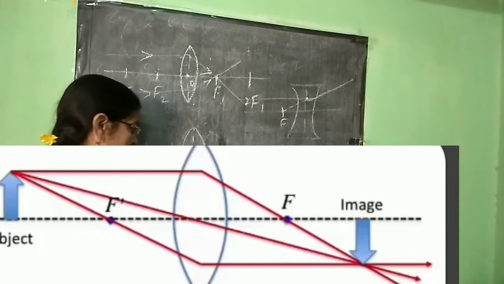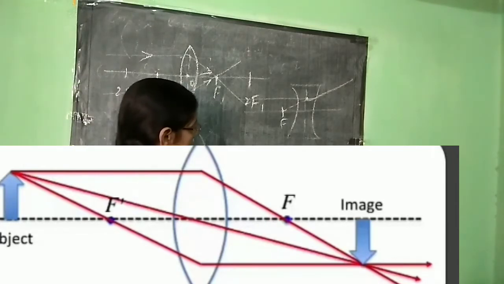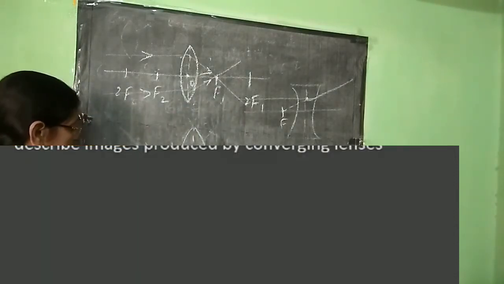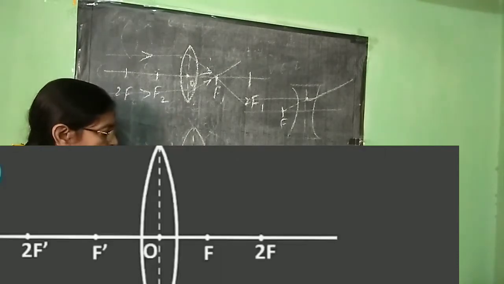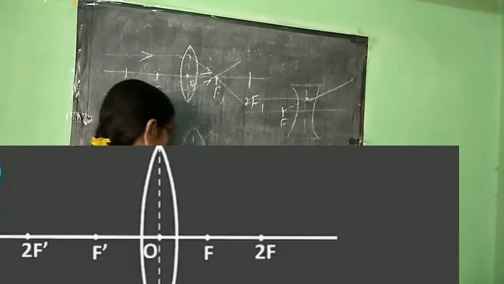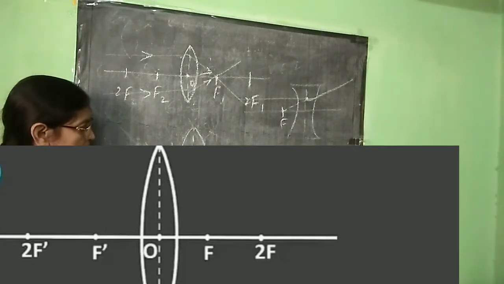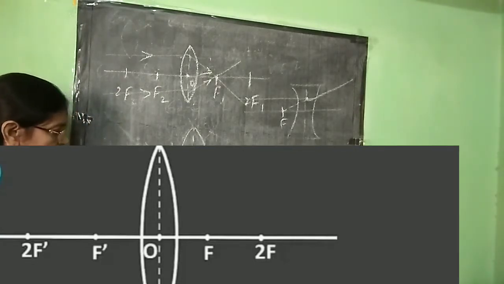Suppose these are F1, 2F1, F2, 2F2. Now the object is in between the optic center and F1. Then the ray will be like this, goes through, and another ray should go through the optic center.